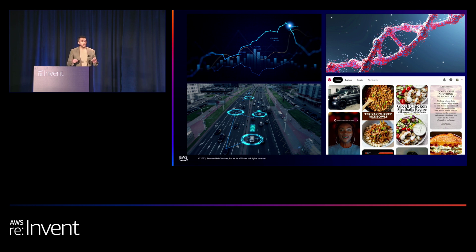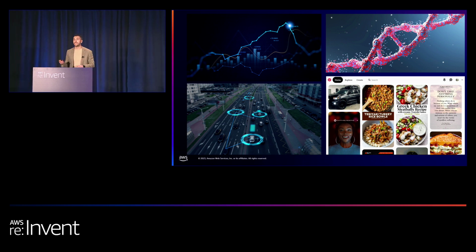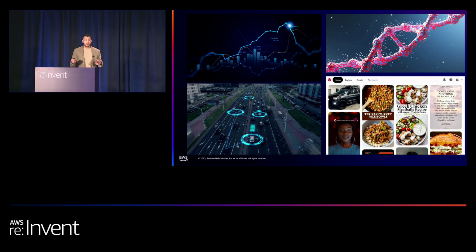Whether it be Bridgewater, building the financial simulations that help them understand global financial markets, or Mobileye, building the autonomous vehicle technology that's in an estimated 150 million vehicles worldwide, or companies like Roche Pharma doing biomedical research, or companies like Pinterest building machine learning recommendation engines. All of these run not only on Kubernetes, but on Amazon EKS today, and they do that at a massive scale.